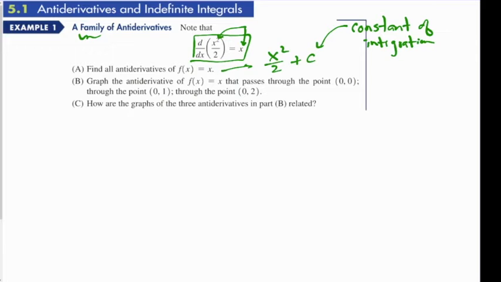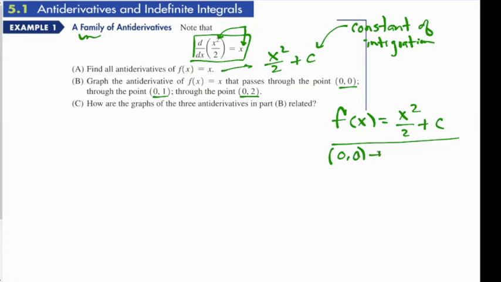Part B says, graph the antiderivative of f of x equal to x that passes through the point (0, 0), through the point (0, 1), and through the point (0, 2). So what this means is we have a function F of x equal to x squared over 2 plus c, and we want to evaluate it at the point (0, 0).